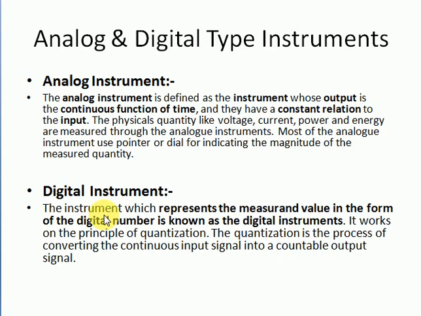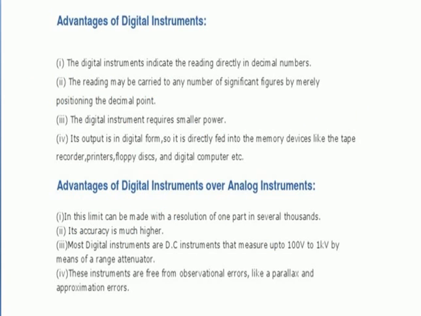The next topic is the advantage of digital instruments over analog instruments. There are various advantages of digital instruments. The output of a digital instrument is in digital form, so the output can be given to flip-flops, disks, computers and printers for storage, and future expansion is easily possible.